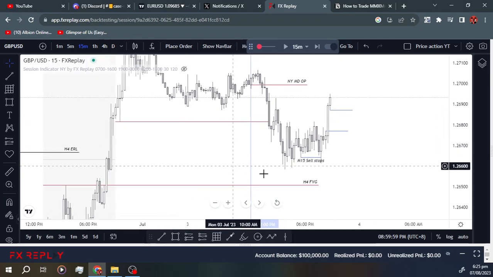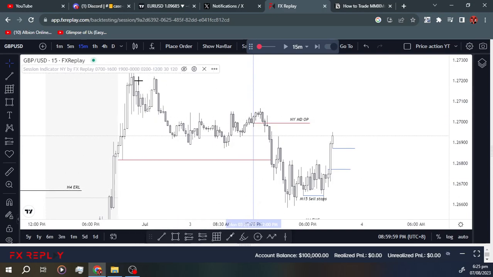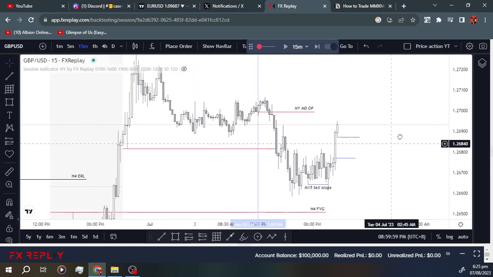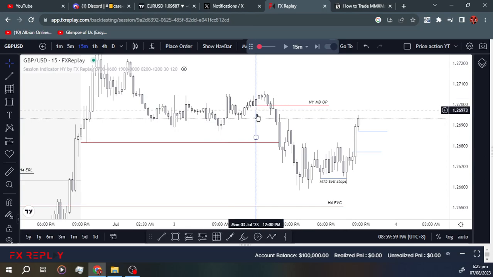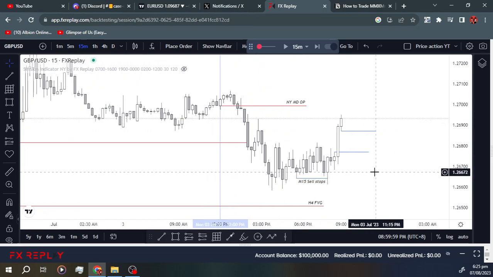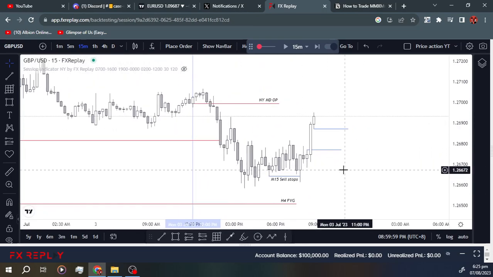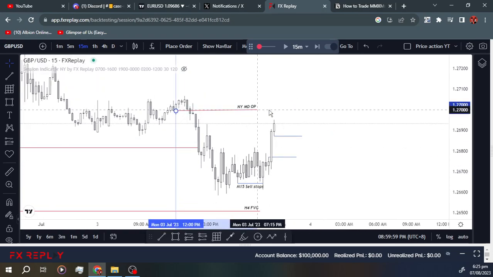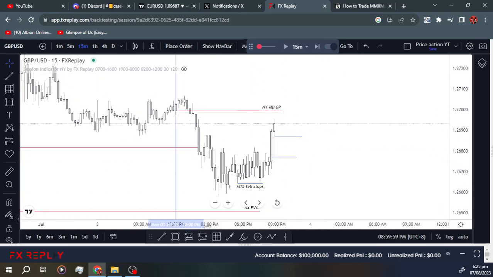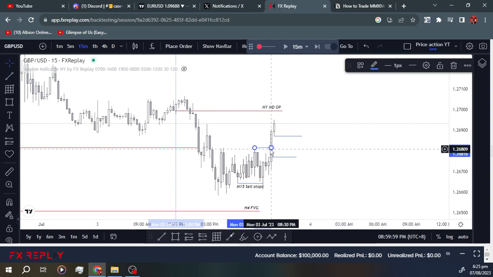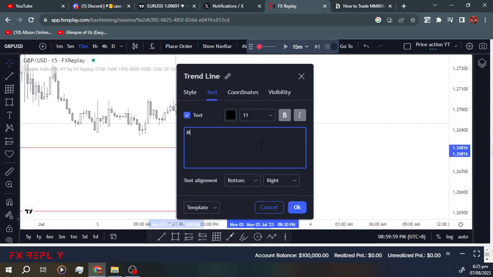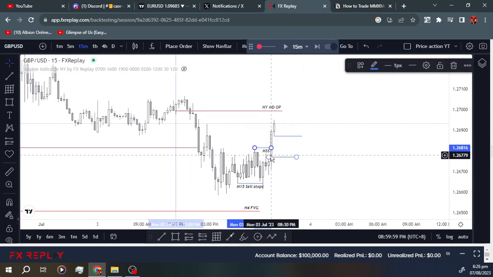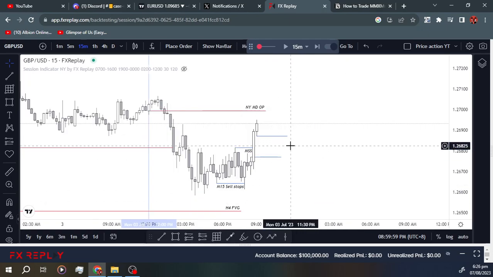So we're in the H4 fair value gap. Price retraced to the fair value gap, and we want to see a shift in structure, which is this one right here. This is a structural shift.